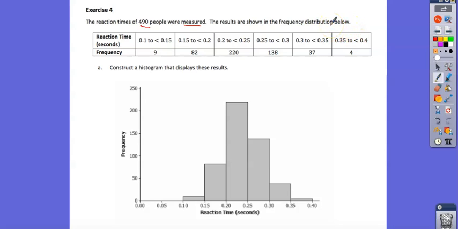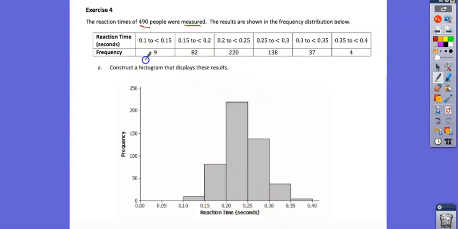Remember, a histogram is not the actual observation, but the percentage of the observations in that particular section. So here's your frequency. Here's 9 down here. Here's 82. Here's 220. Here's 138. Here's 37. And the spacing in between these is 0.5.